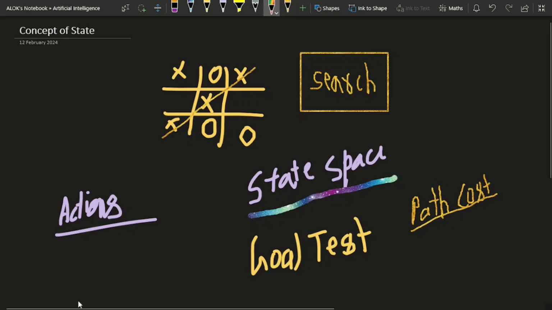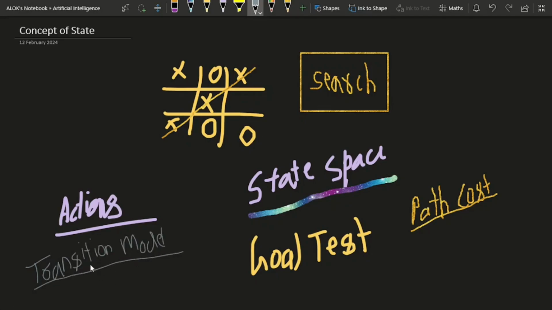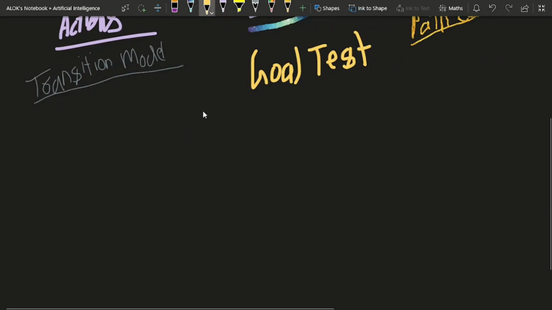Similarly, one more important term is transition model. In simple terms, transition model is the description of what will be the result if I take a particular action in a particular state. Let me show you an example of this. Let's take an example of the tic-tac-toe game again.